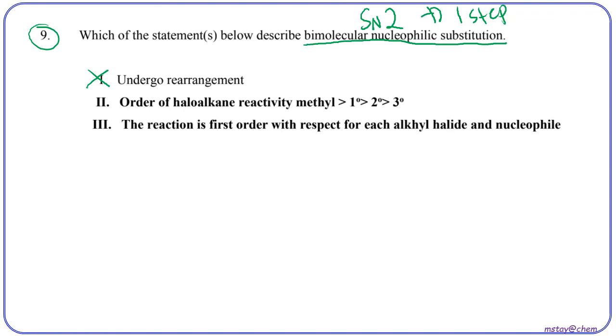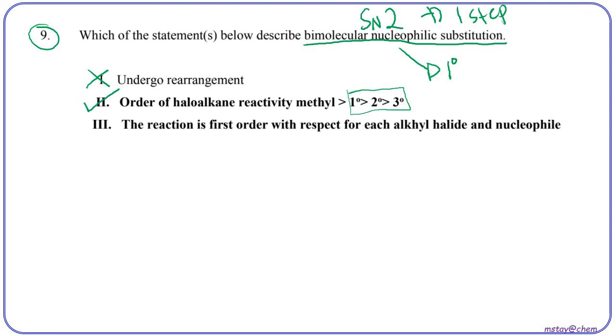For SN2, the most reactive, normally we remember the primary because we always compare primary, secondary and tertiary. We always ignore the methyl when we do the explanation, but we know that methyl should come first and then primary haloalkane. So option 2 is correct.